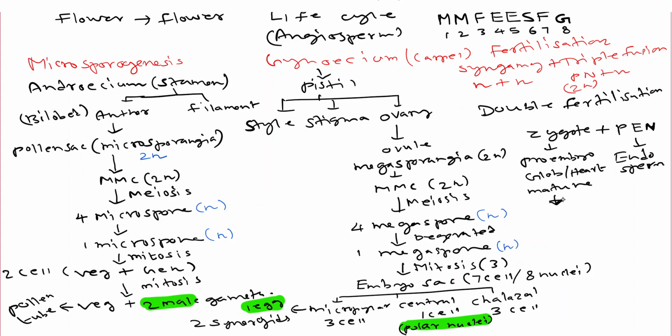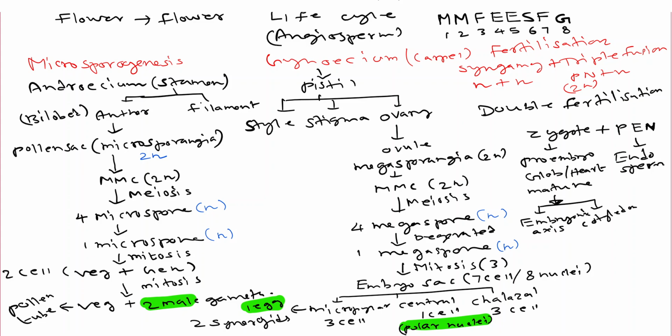Finally, this is ready to develop into 2 important things called the embryonic axis and the cotyledon.